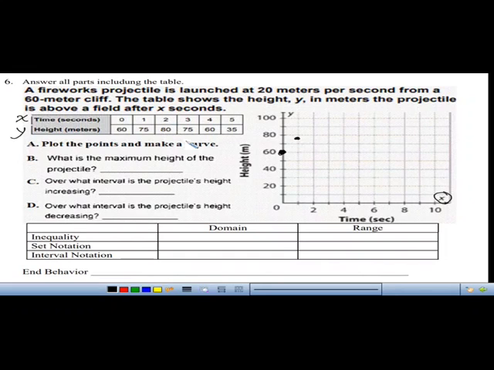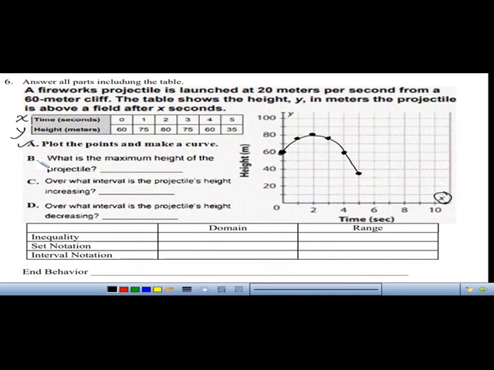Next, 2 seconds, 80 meters. 3 seconds, 75 meters. 4 seconds, 60 meters. 5 seconds, 35 meters. All right, so let's make our curve from left to right. There it is. All right, so we're done with part A, which is plotting and making the curve.